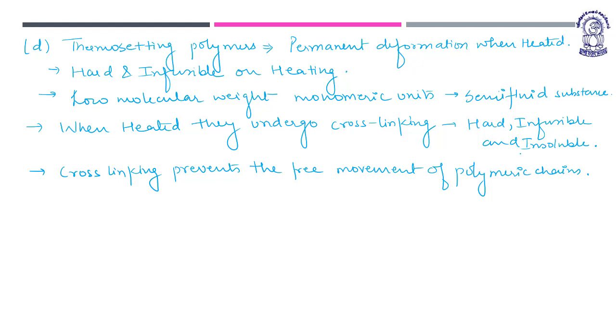That is why whenever they are heated, they undergo permanent deformation. Therefore, they are known as what? Thermosetters or thermosetting plastics. They are permanently rigid. Examples are bakelite, melamine formaldehyde resin, etc.